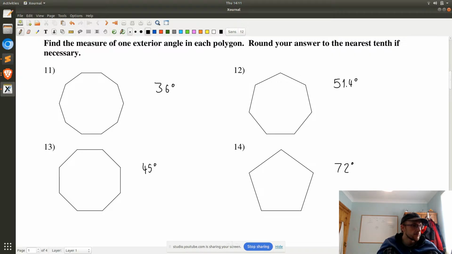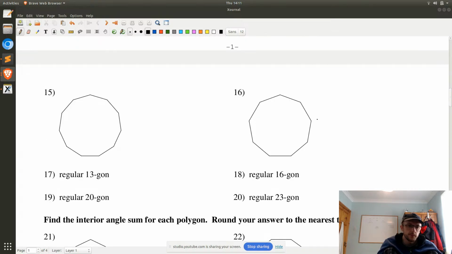And we check. And it's correct, and that's good. This is a regular 11gon. So divide 360 by 11 to get 32 and 8 over 11, so 32.72.